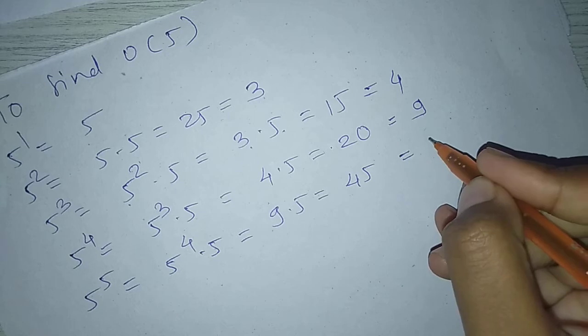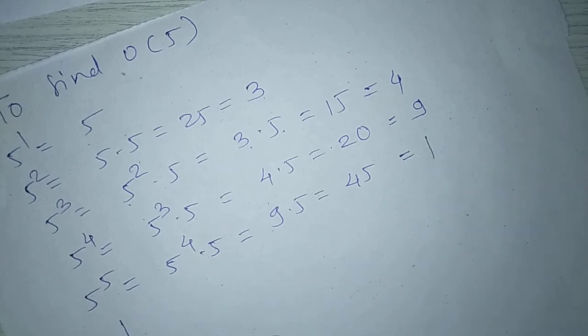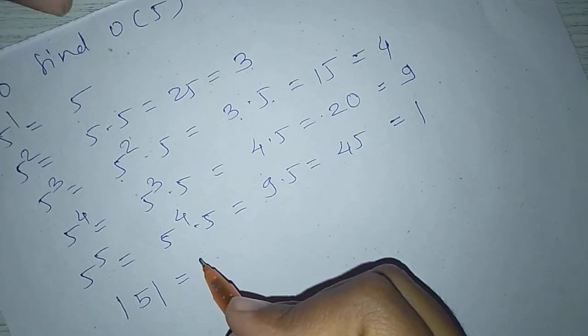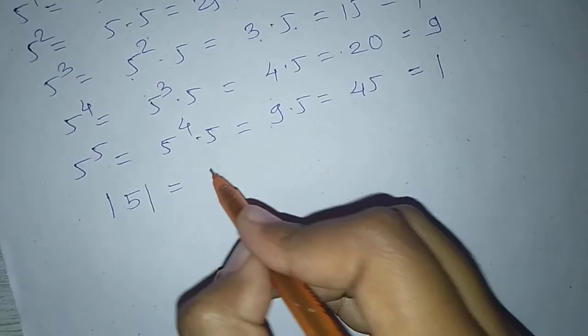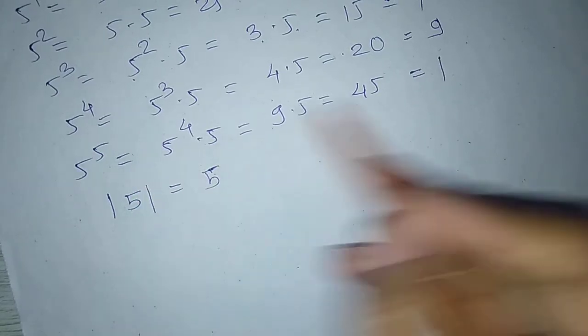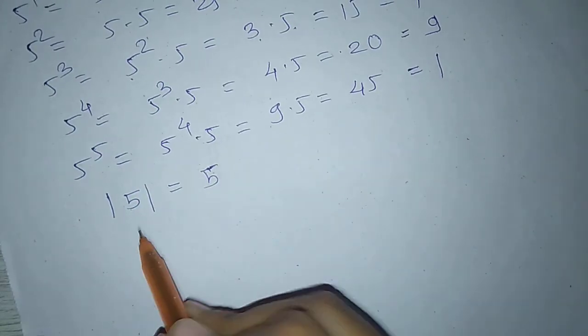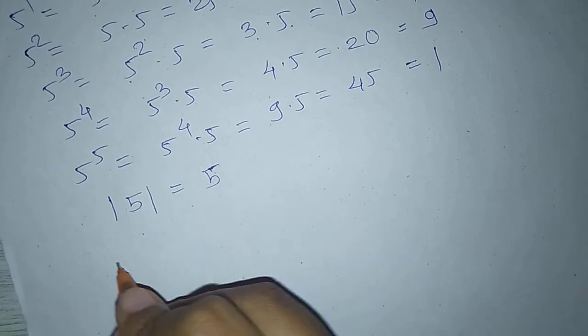5 to the power 5 equal to 1 means the order of 5 equal to 5. That's why order of 5 equal to 5.